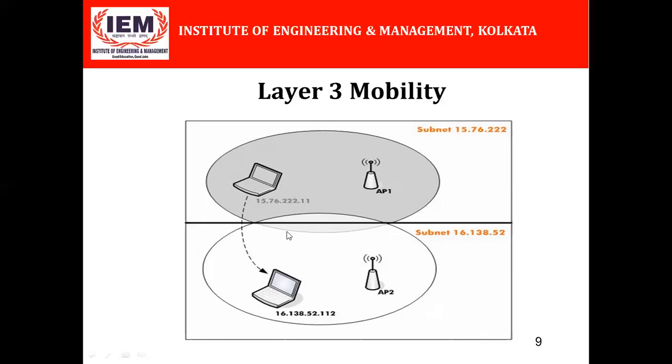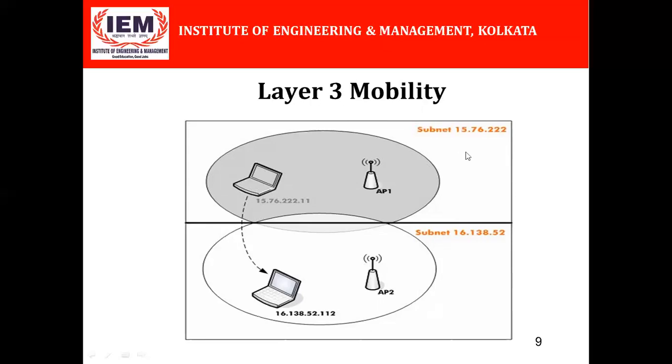which cannot be seen in our previous figure, that is layer 2 mobility. But in layer 3 mobility, from one layer to the other, say layer 2 is the lower layer and layer 3 is the upper layer.